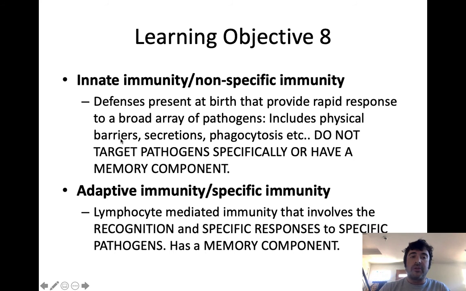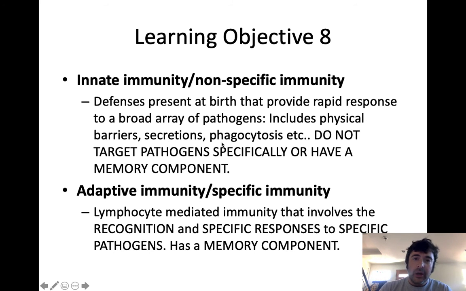The mucous membranes in your lungs, the mucous membranes that line the reproductive, urinary, and digestive tracts, prevent the infiltration of pathogens just by forming a barrier. You have secretions like saliva, like mucus along the GI tract, like mucus in the mucociliary clearance of your lungs, that just trap pathogens and move them out of your body.